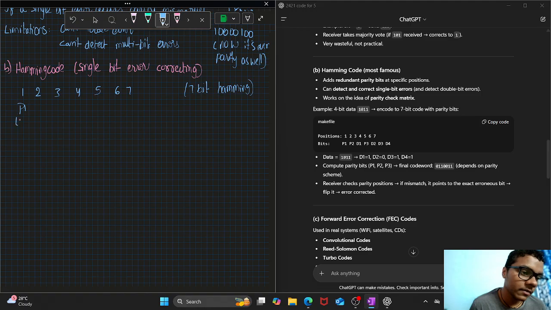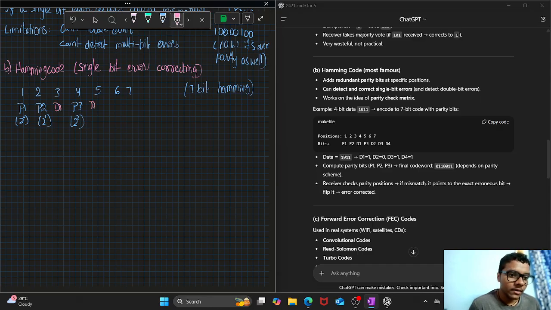P1 is parity 1, 2 power 0. P2 is parity 2, this is 2 power 1. And P3 is parity 3, 2 power 2. And this is D1 data 1, D2 data 2, D3 data 3, D4 data 4.